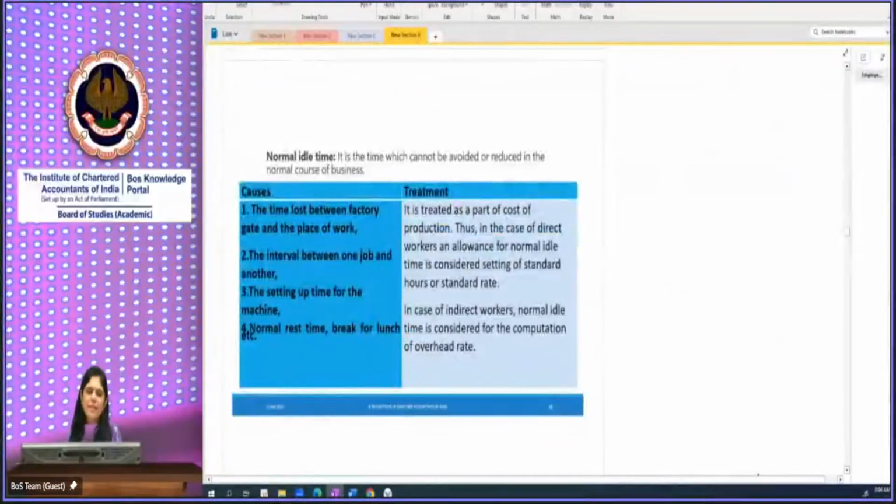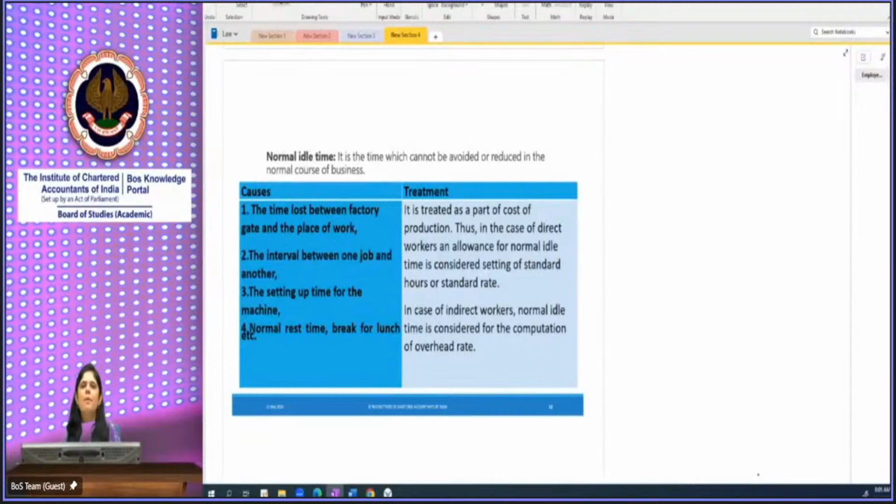So normal idle time, whatever is the normal idle time, it's production. Always remember, whether it's normal loss of material or normal idle time, whenever it's a normal loss, it's always part of production cost. And any abnormal loss or abnormal idle time will never be a part of production cost.